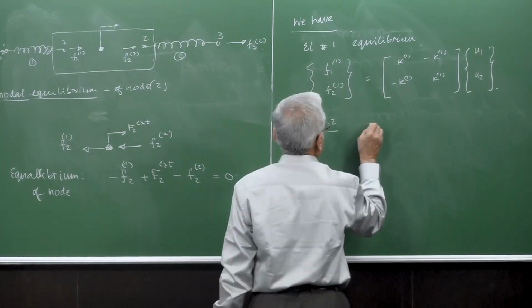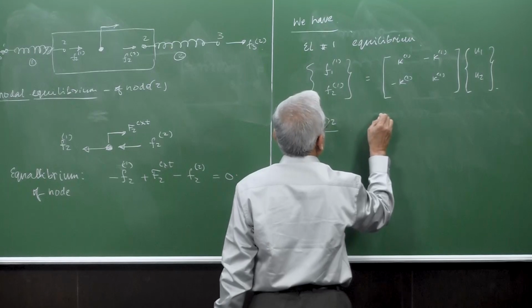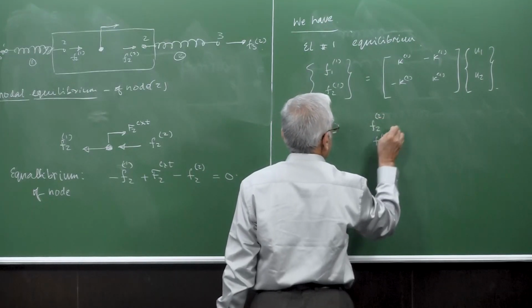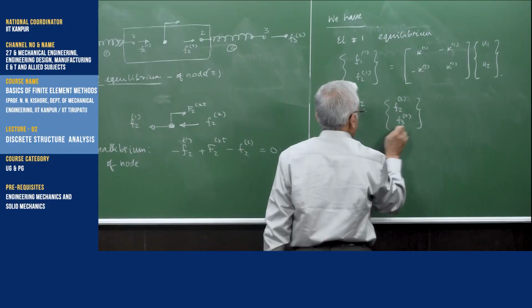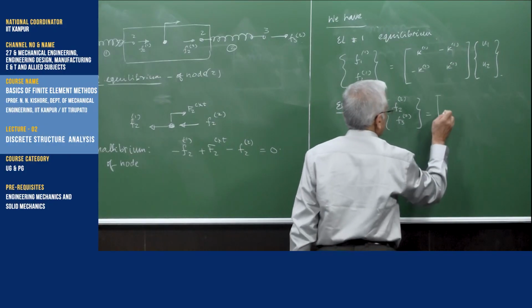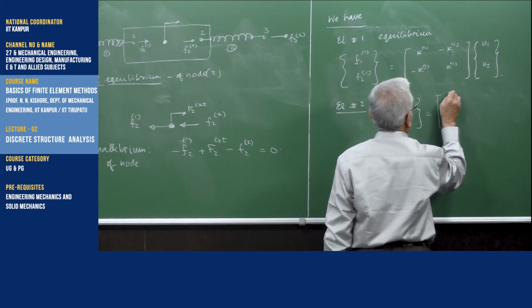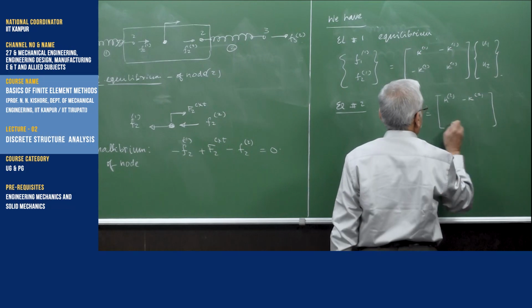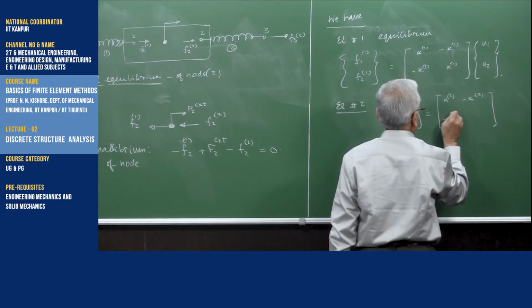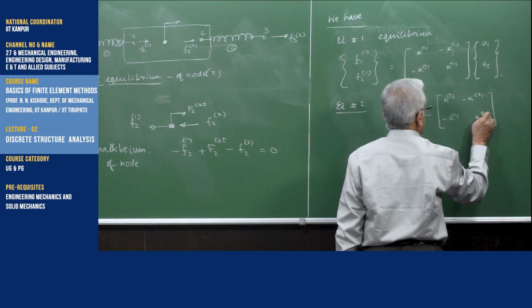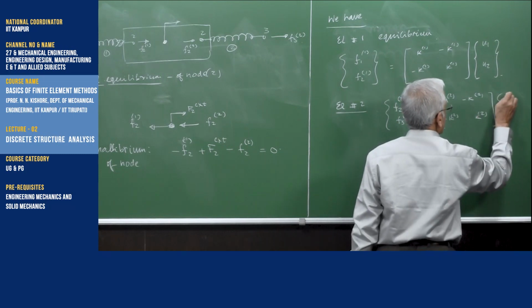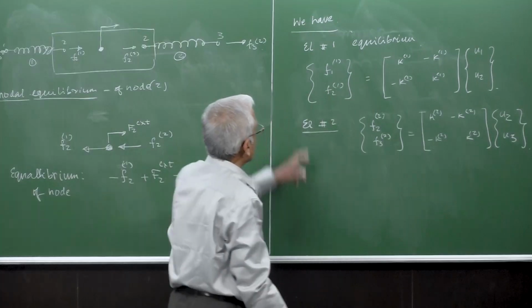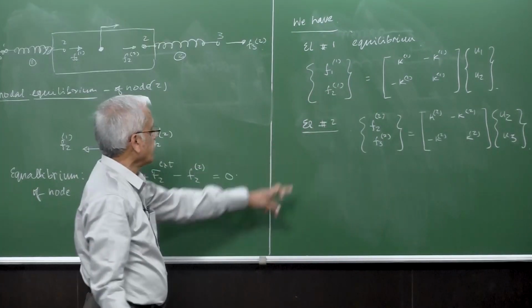Similarly, we had F2 on element 2 and F3 on element 2. So we have K2, minus K2, K2. All right, so these are the elemental equilibrium equations.